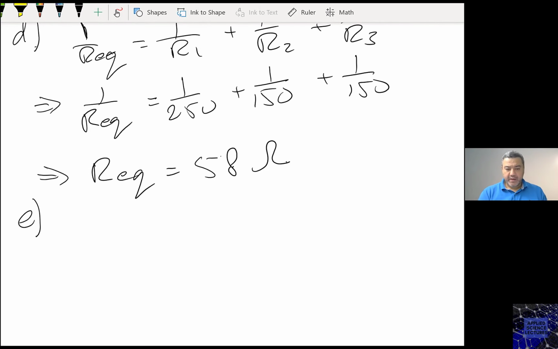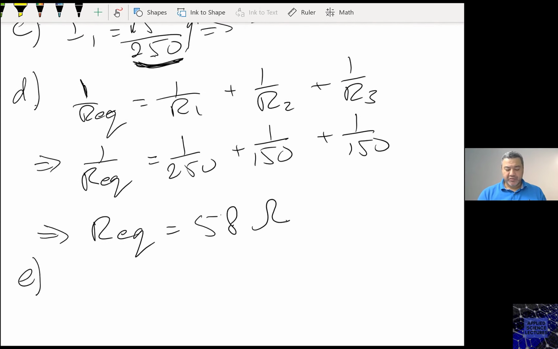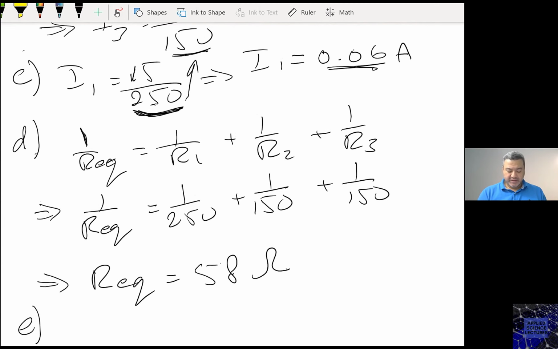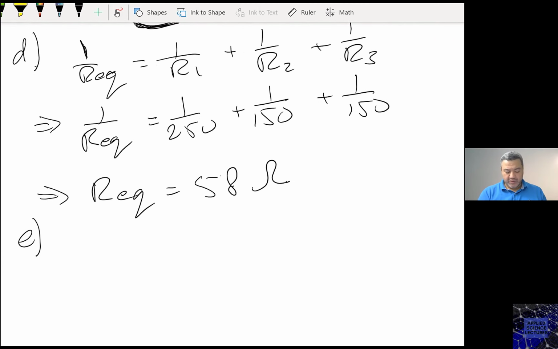E, what is the current through the battery? The current through the battery is based on Ohm's law, delta V equals R I. In this case, I will have to use the equivalent resistor in order to find the total current, which is the current supplied by the battery and also coming back to the battery.